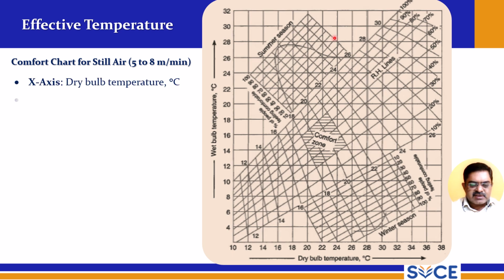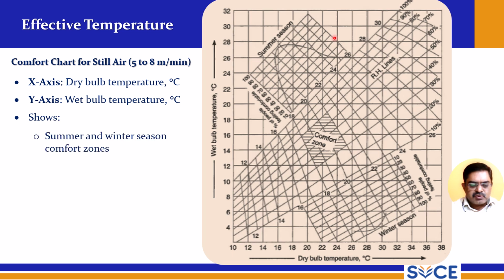The x-axis is dry bulb temperature and the y-axis is wet bulb temperature, and it shows the summer and winter season comfort zones. The effective temperature lines are inclined lines, known as effective temperature lines.